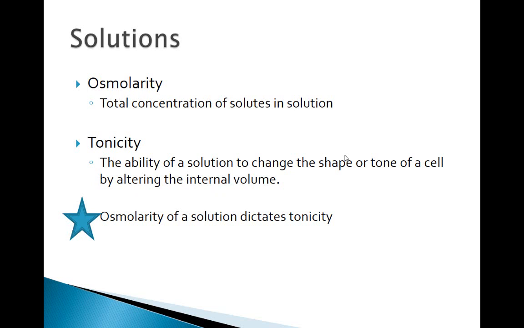And we can change the shape or the tone of the cell by altering the internal volume of the cell, meaning water. So solutes within the cell do play a role in whether or not the cell has enough water or has less water. And so osmolarity of a solution dictates the tonicity. So these solutes right here inside the cell will dictate the tonicity. And I'll explain that here in just a moment.